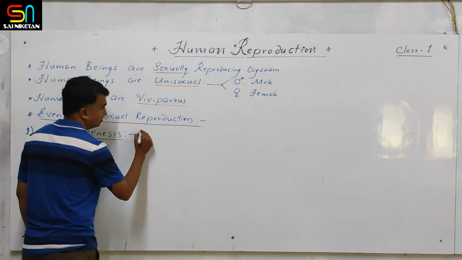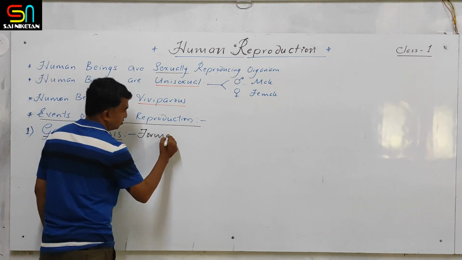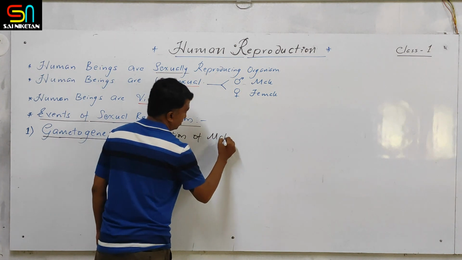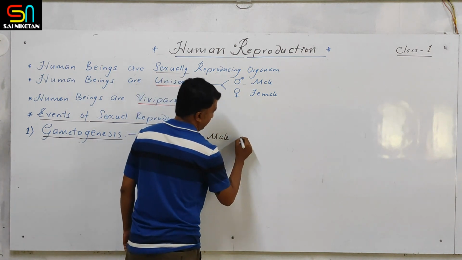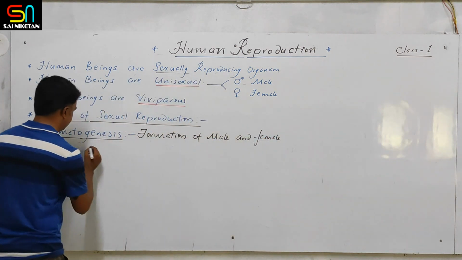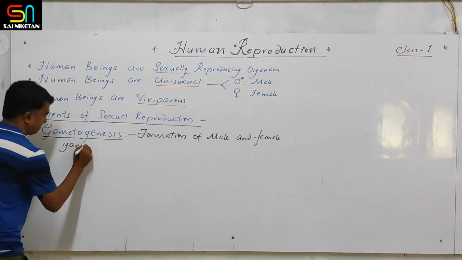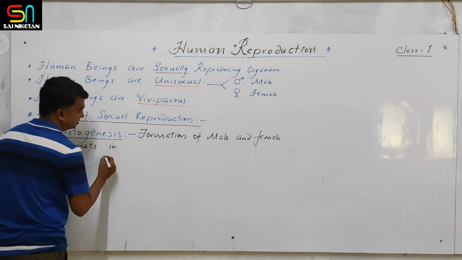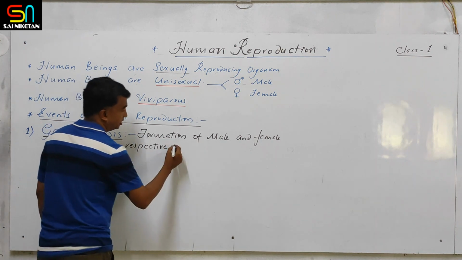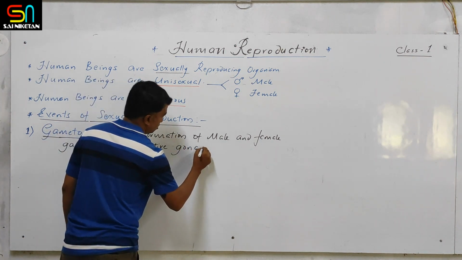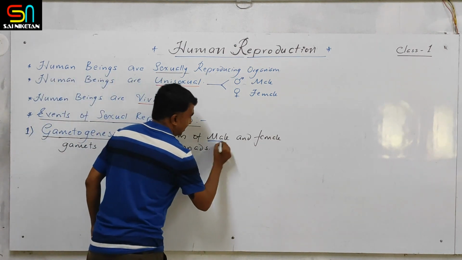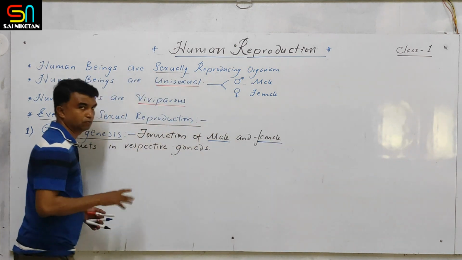Gametogenesis is nothing but the formation of male and female gametes in the respective gonads. Now, the male gamete and female gamete are both different.